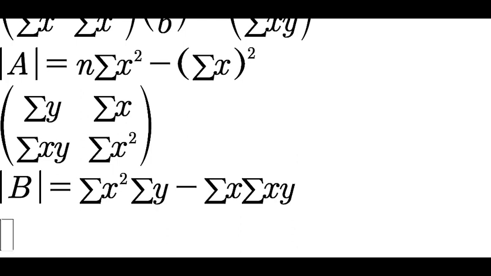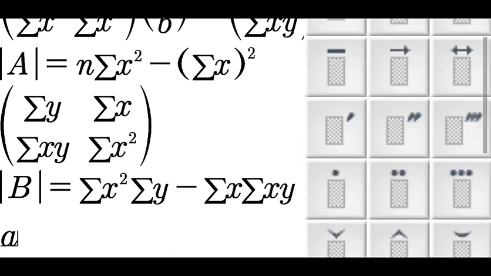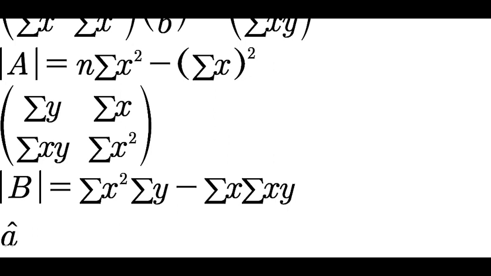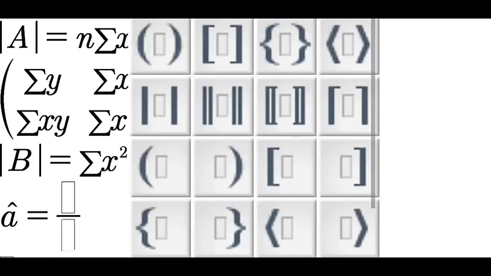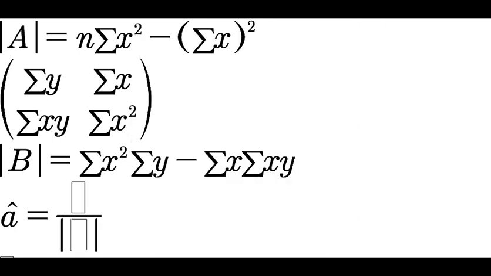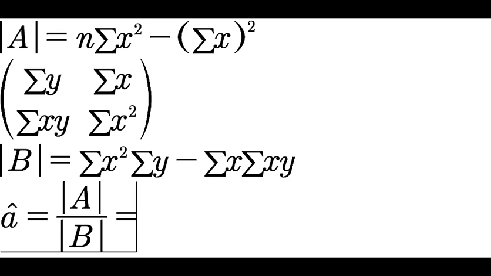At this point we can now say that a hat is equal to the determinant of A over the determinant of B, which is equal to the determinants we derived above.